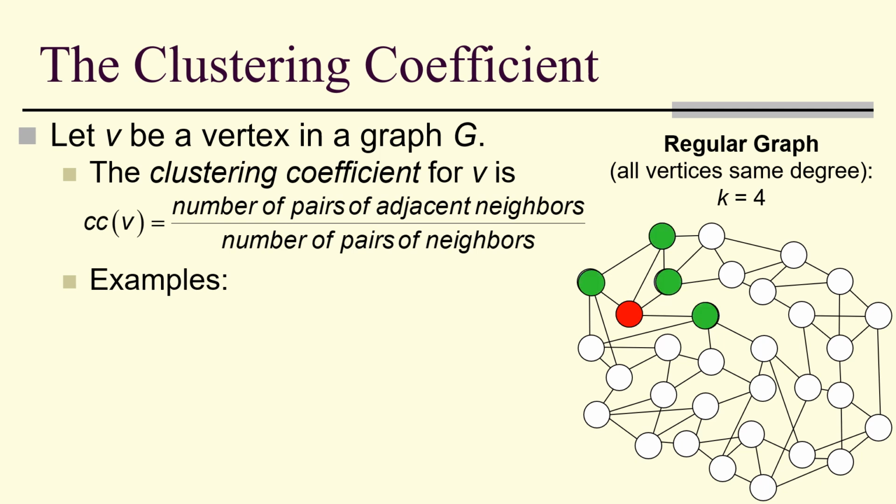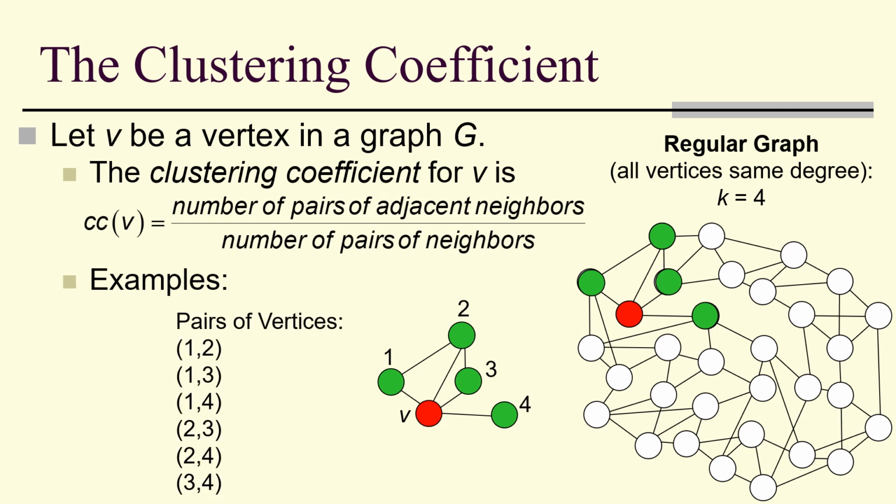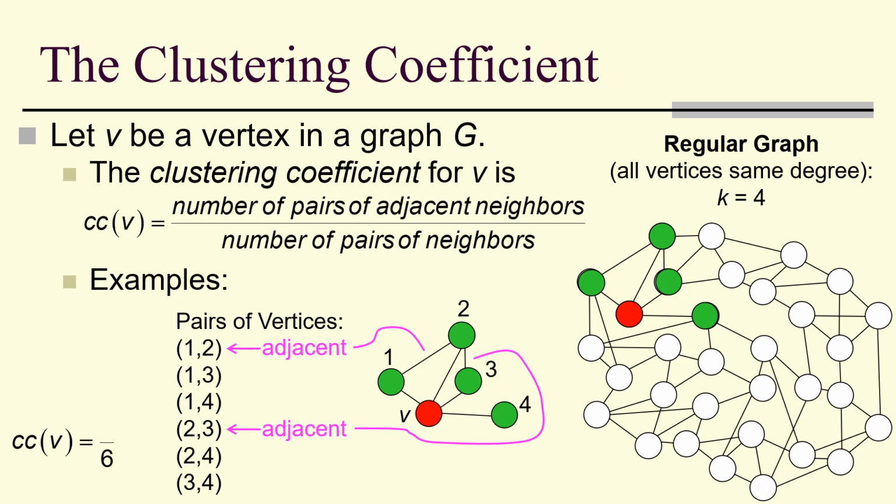Let's pick out this vertex V and this set of neighbors. Then here are the possible pairs of neighbors, so we're dividing by 6. There are 6 possible pairs. And notice that 1 and 2 are adjacent, and 2 and 3 are adjacent. So the clustering coefficient here is 2 over 6.